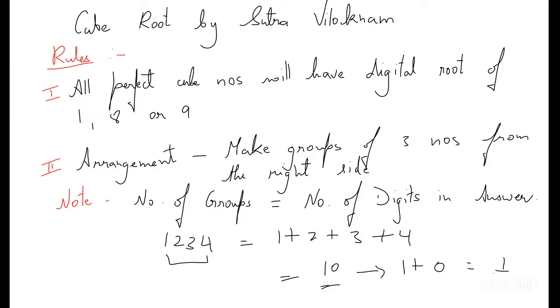So the digital root of 1234 is 1, which means 1234 is a perfect cube number. Okay, so we add all the digits, and if the answer is a two-digit number, we add those digits also.